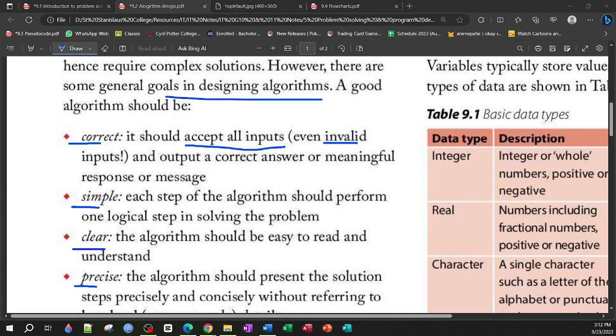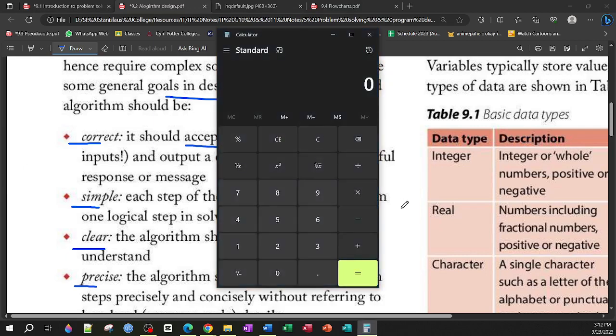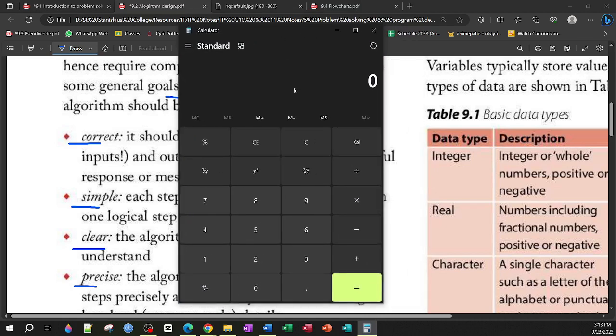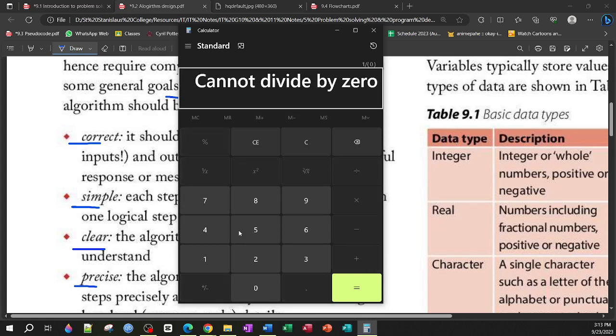All right, let me use the same calculator. This calculator here was designed to calculate numbers. So obviously, if I type in a number, it's going to accept that number. But if I start typing a letter, should the calculator accept those letters?